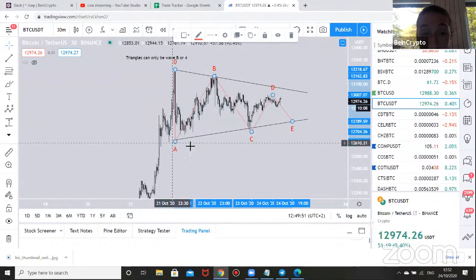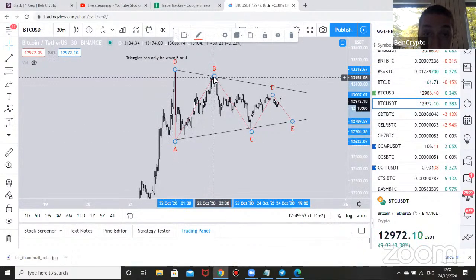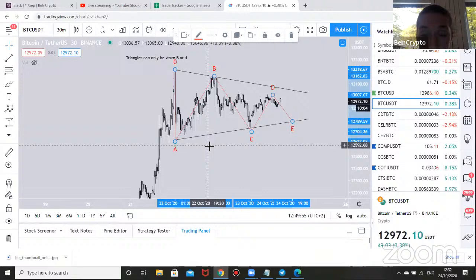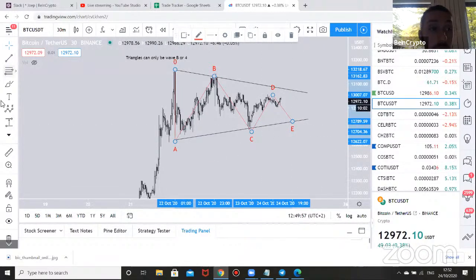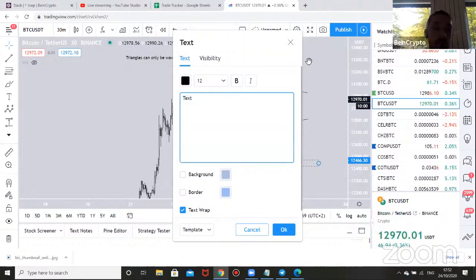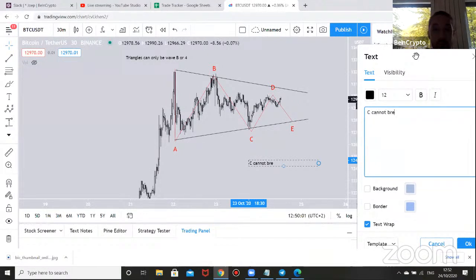So wave A is the lowest, wave B is, C cannot break the bottom of wave A, E cannot. And D. Zero means the beginning of A, and D.